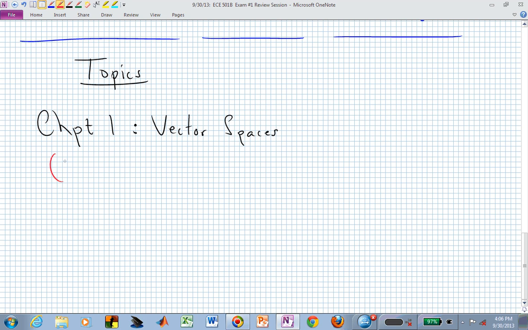And remember that the vector space really has 3 features. It has some set of vectors, and that vectors is in quotes. That's not necessarily restricted to the normal linear algebra vectors.